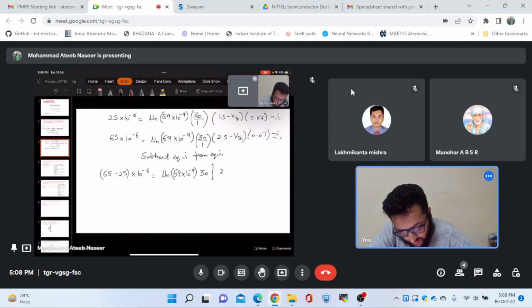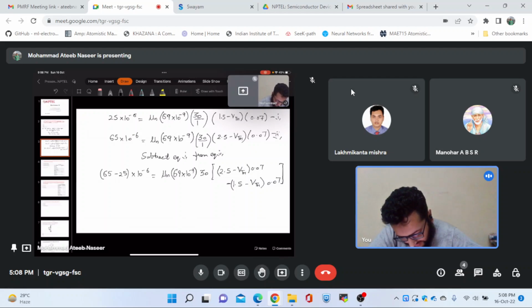So it would mean 2.5 minus VTH has to be multiplied with 0.07, minus of this quantity, 1.5 minus VTH into 0.07. So from this we can see this is 65 minus this 25.